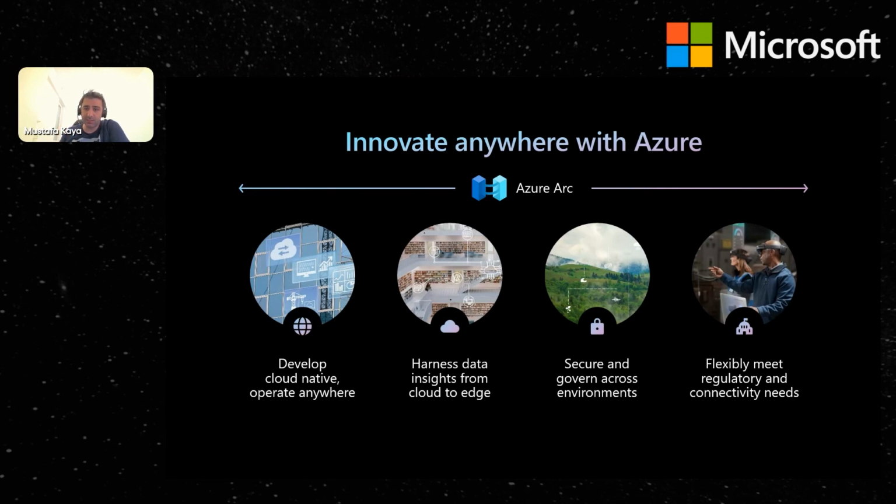First one is building cloud native applications anywhere. We have a lot of cloud native Kubernetes application development capabilities for public cloud, for public Azure Kubernetes Service. But with Azure Arc, you can use these capabilities on any infrastructure, such as GitOps, Dapr, Open Service Mesh, Monitor for containers, Defender for containers.